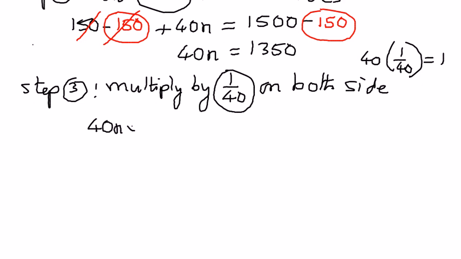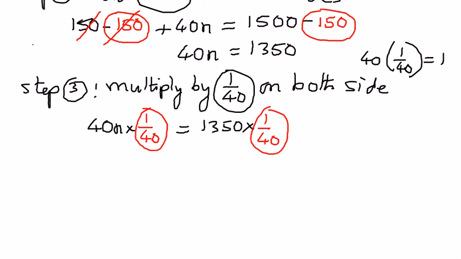When we do that, this is how we can write it down. 40n times 1 over 40 is equal to 1350 times 1 over 40. When we simplify this, the 40 in the numerator and 40 in the denominator cancel out, leaving us with n equal to 33.75.